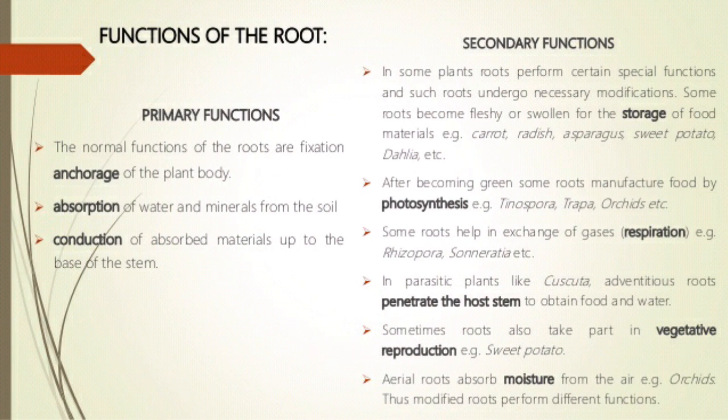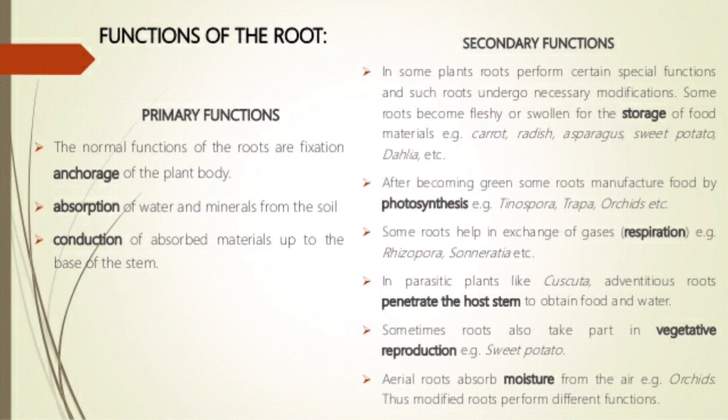Functions of roots. Primary function. The normal functions of the roots are fixation, anchorage of the plant body, absorption of water and minerals from the soil, and conduction of absorbed materials up to the base of the stem. Secondary function. In some plants, roots perform certain special functions and such roots undergo necessary modifications.